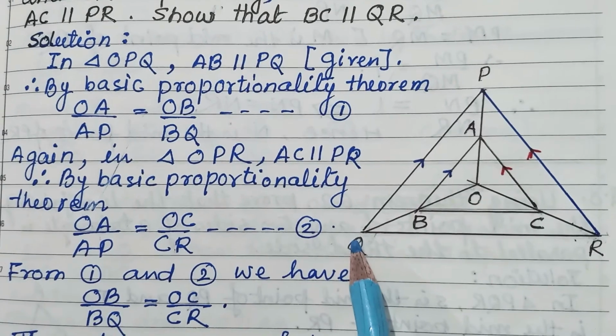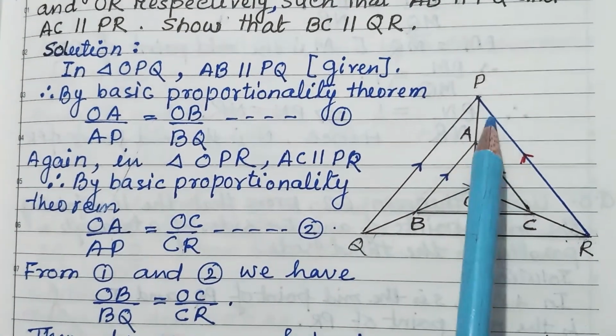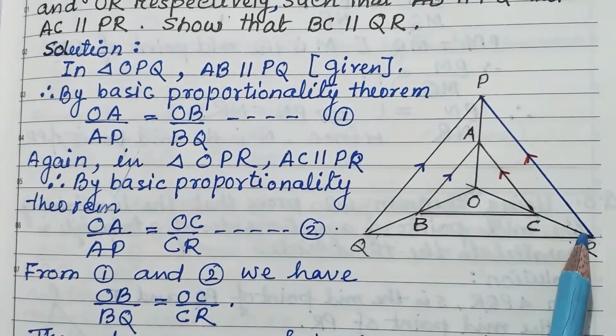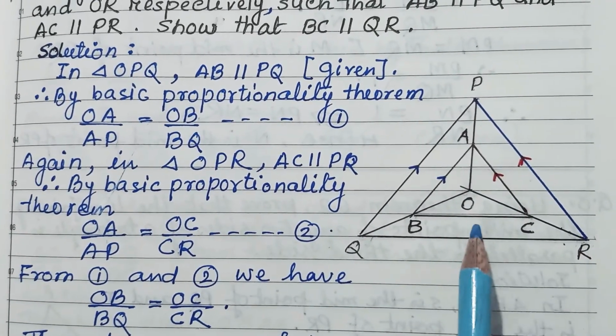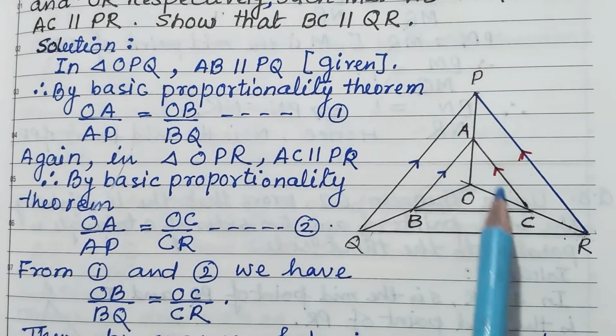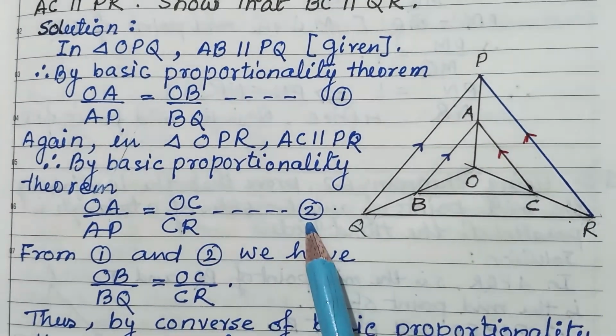It is the first relation. Again, in triangle OPR, AC is parallel to PR. By basic proportionality theorem, OA upon AP is equal to OC upon CR. This is the second relation.